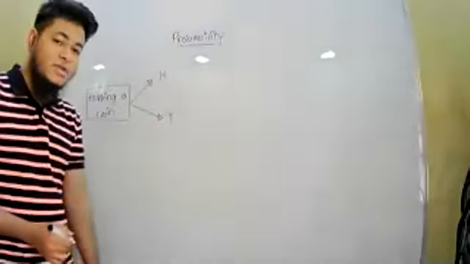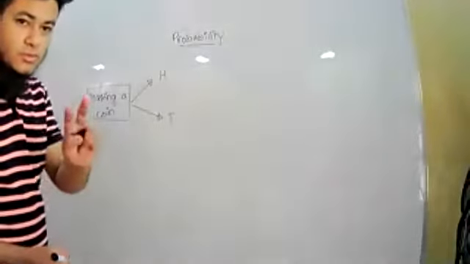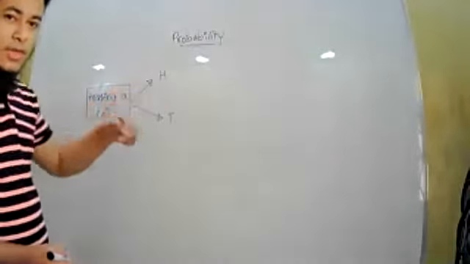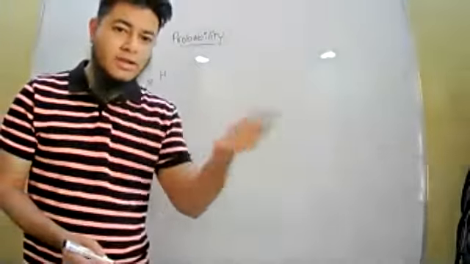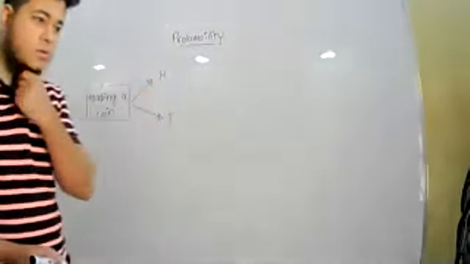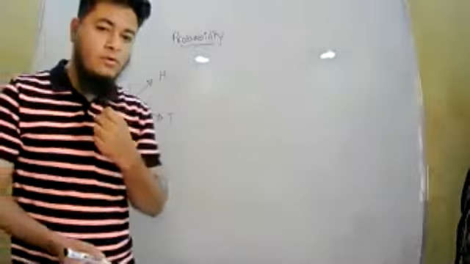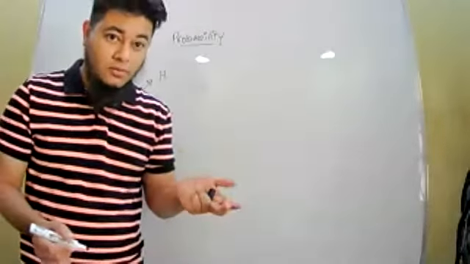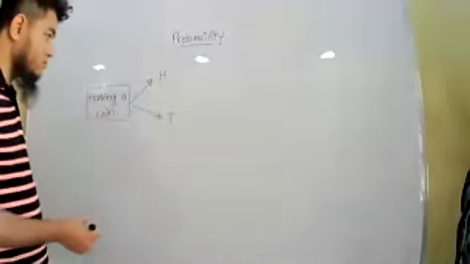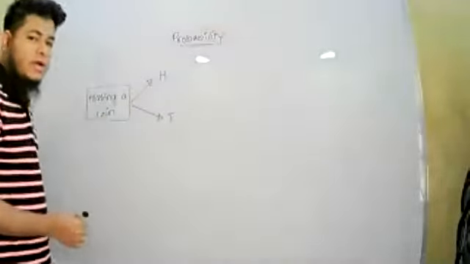Then what will happen? The first time there are two possible outcomes, head or tail. And second time again you might get head or tail, right? So if I want to find out how many possible outcomes there are now, what do I have to do? Let us say for the first time I got head.